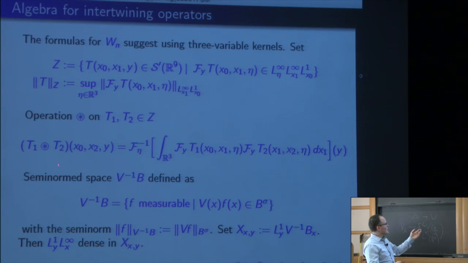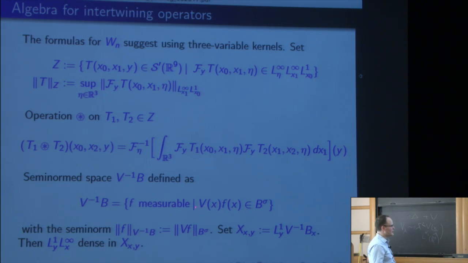And you introduce convolution in y. But here you have to do this in tempered distributions. So you multiply like that, which you can do because you have L infinity, then as tempered distribution you undo that, and that defines a convolution structure on this Z, and that turns it into an algebra. Right? In this norm. And then you need this strange semi-normed space, which looks a little bit scary.